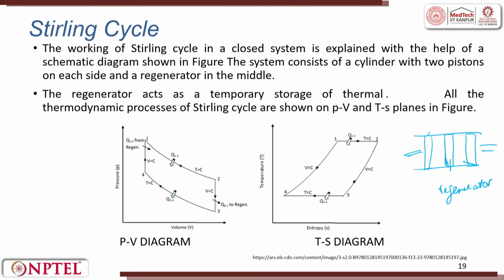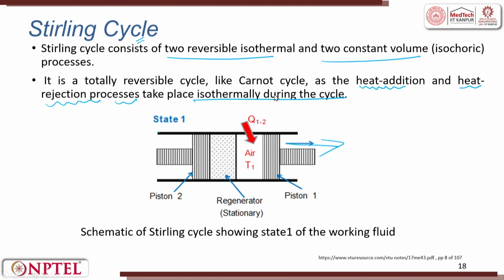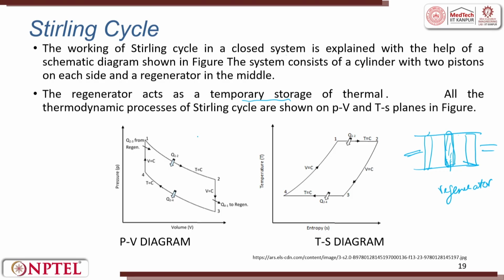The regenerator in the middle acts like a temporary storage of thermal energy. It is stationary, it is not moving. All the thermodynamic processes of the Stirling cycle are shown in the PV diagram and the TS diagram. So, 1 to 2 there is heat in, and then 3 to 4 there is heat reject.